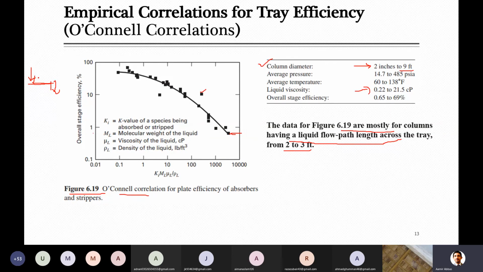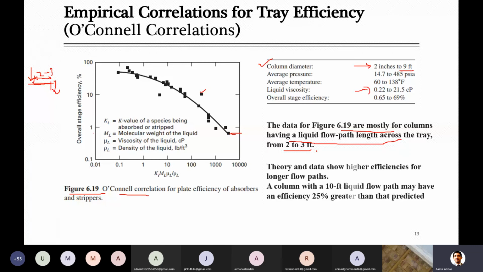So this flowing path across the tray should be 2 to 3 feet. In that case, this diagram, which is developed based on the previous equation, gives you a better result, or predicts the efficiency in an accurate way.